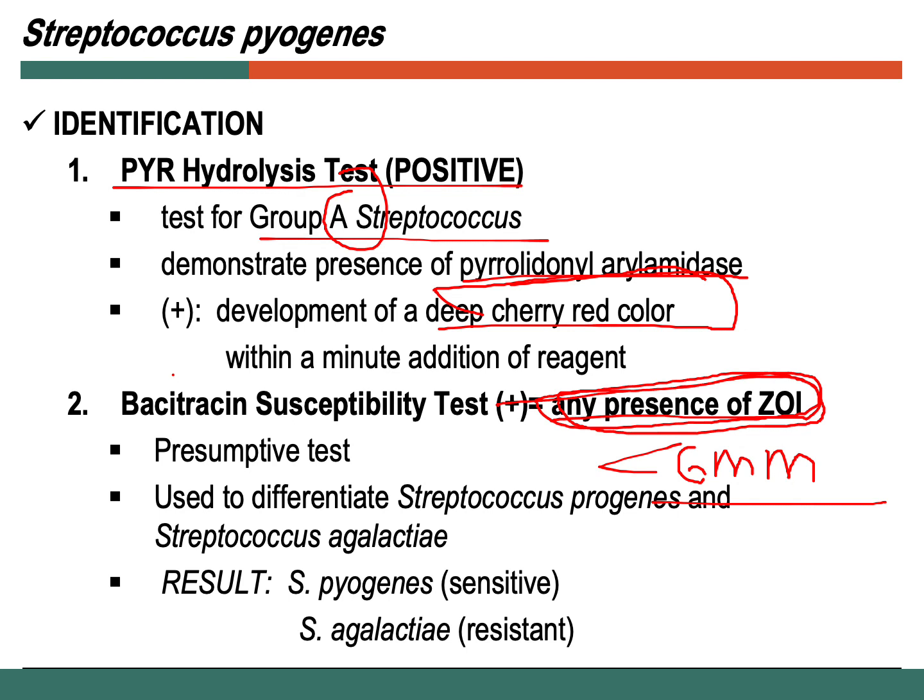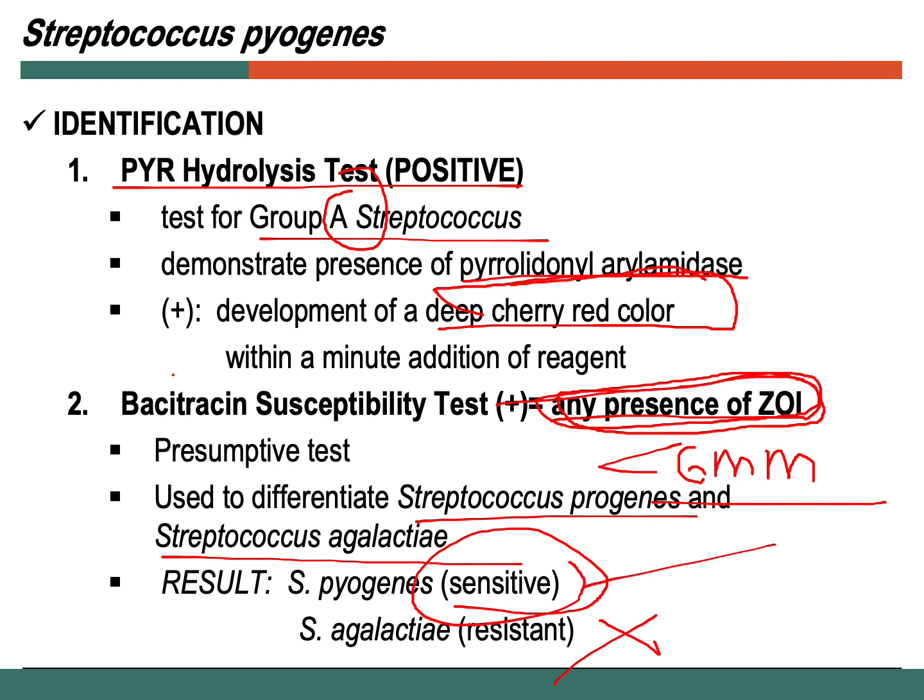So for beta hemolytic organisms, if you do bacitracin and it is susceptible, you always think of Streptococcus pyogenes. If it's not beta hemolytic, then that might be others. Your bacitracin susceptibility is used to differentiate Streptococcus pyogenes from Streptococcus agalactiae. So sensitive is your Streptococcus pyogenes, resistant is your Streptococcus agalactiae. Again, the sensitive result is always presence of zone of inhibition.